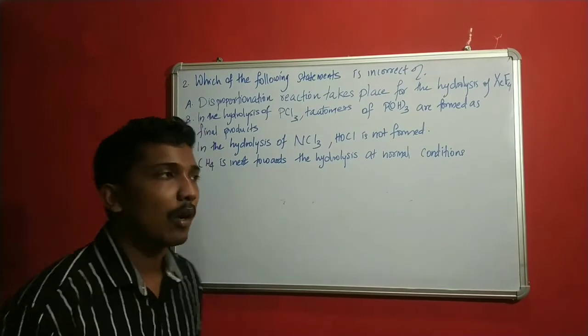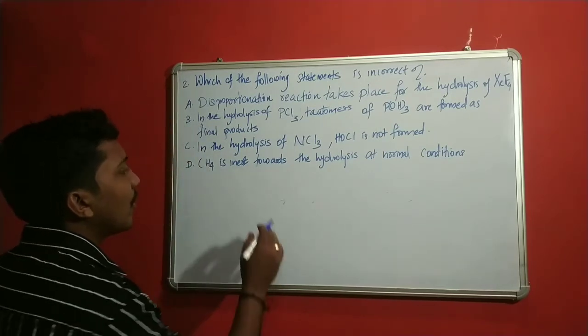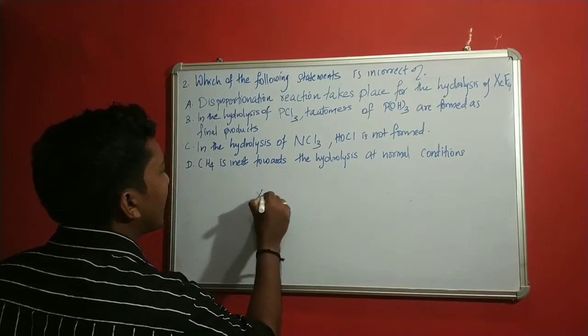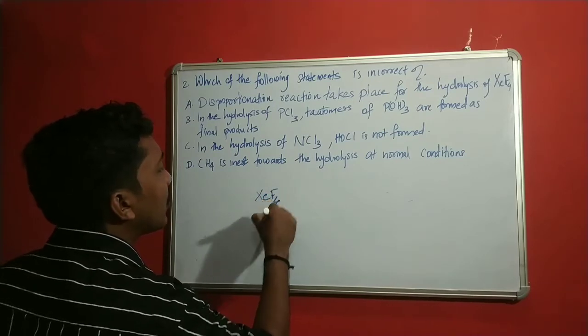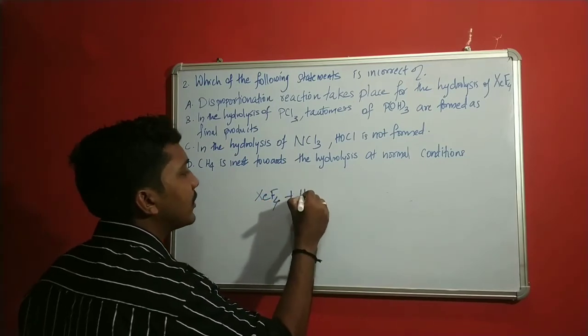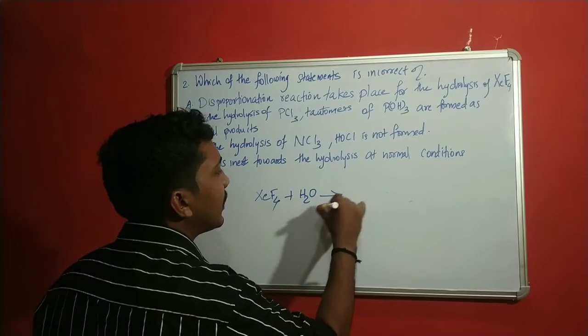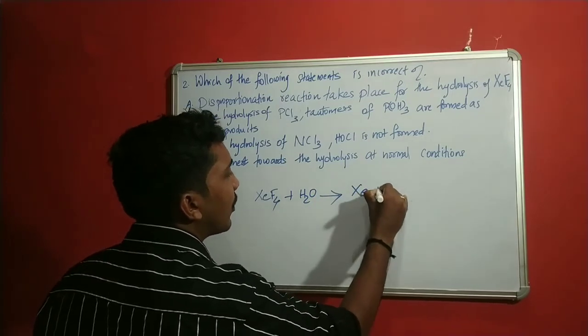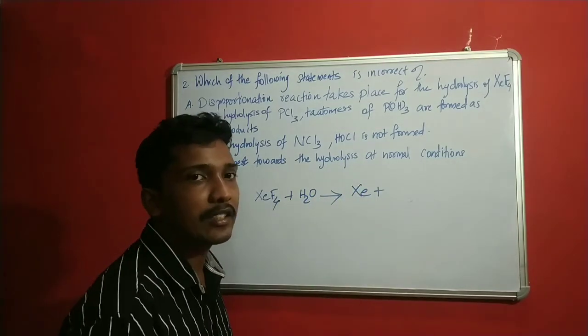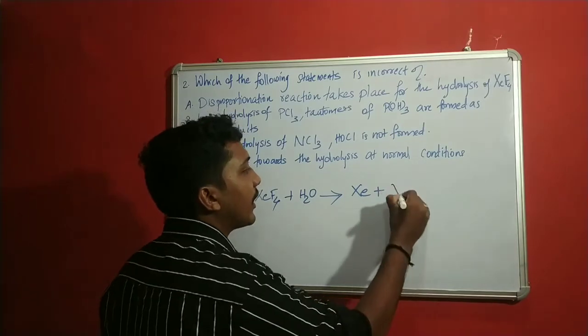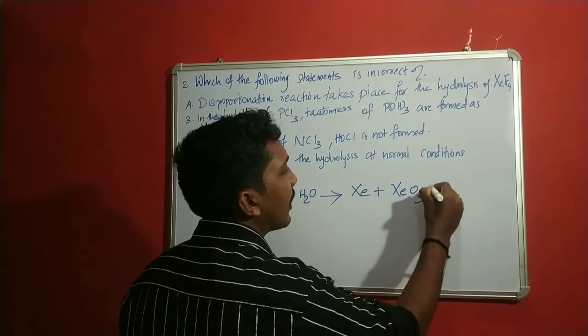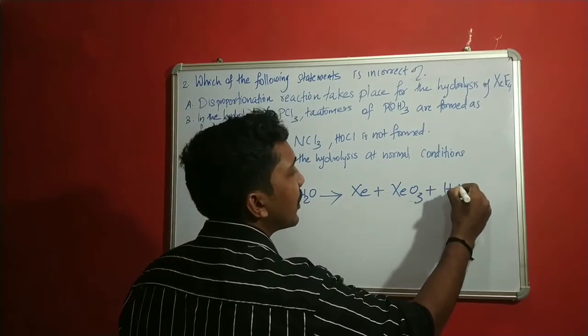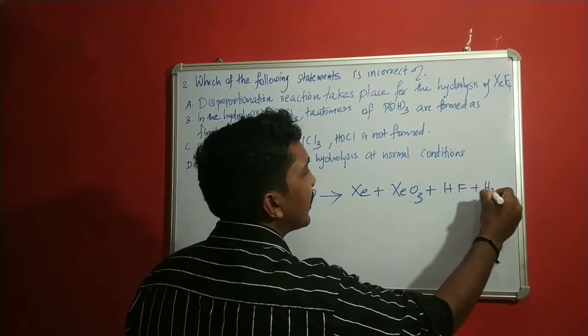Let us take option A. When xenon fluoride undergoes hydrolysis, it gives xenon plus an explosive compound called XeO3 along with hydrogen fluoride and oxygen gas.